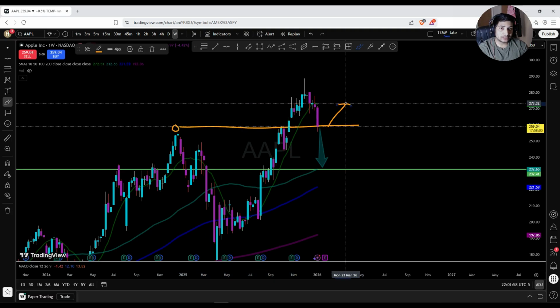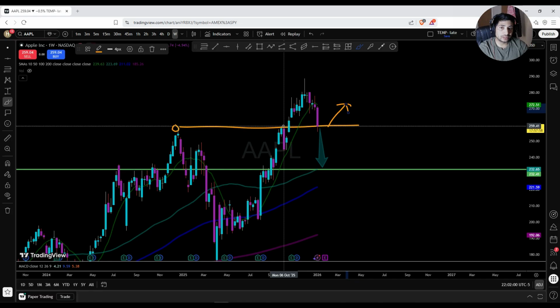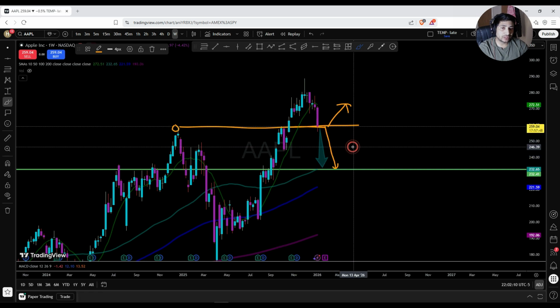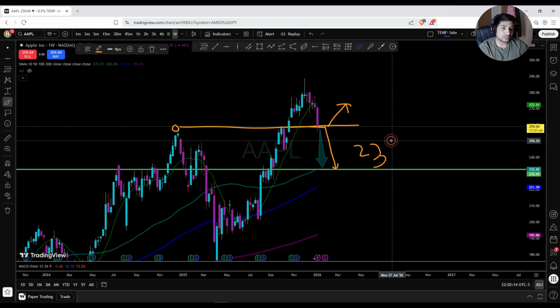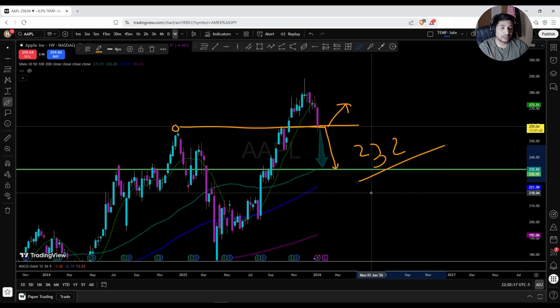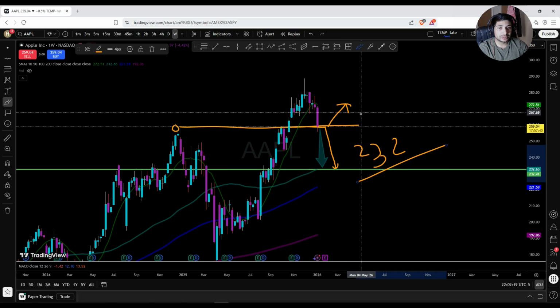So if you are on a small time frame in Apple, you can just take a position here. But if it falls down from that support line, there's a huge chance we're coming in around the 232 range, and then it's going to bounce from there.